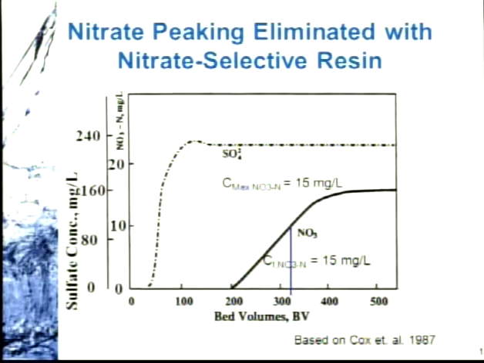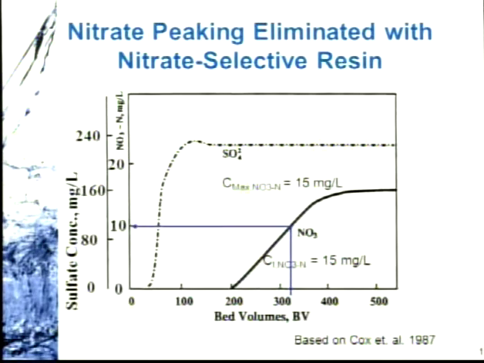So here's that breakthrough curve for a nitrate selective resin. Sulfate breaks through and peaks as well, as noted by this slight increase of sulfate for that period. And then nitrate doesn't peak. It simply reaches the initial raw water concentration and is stable at that. There are advantages to doing so.